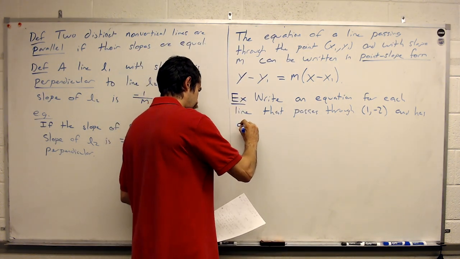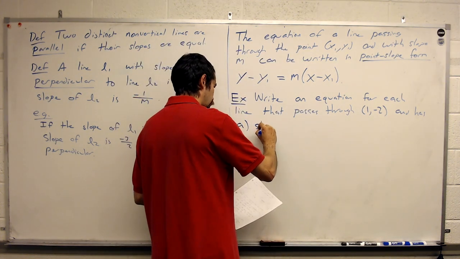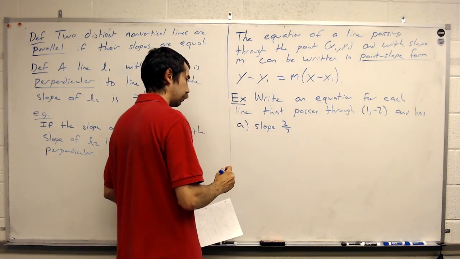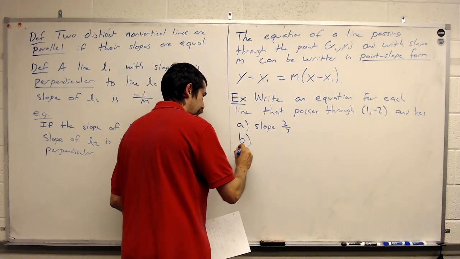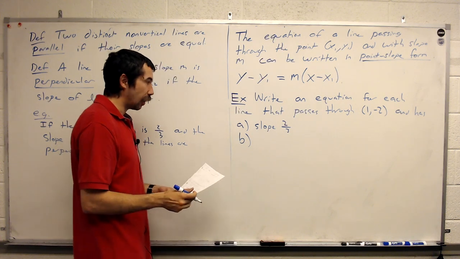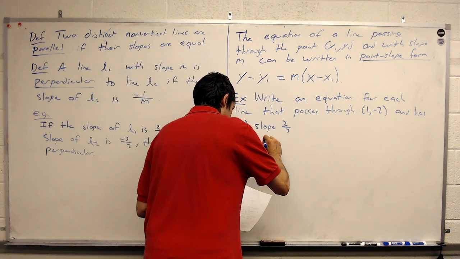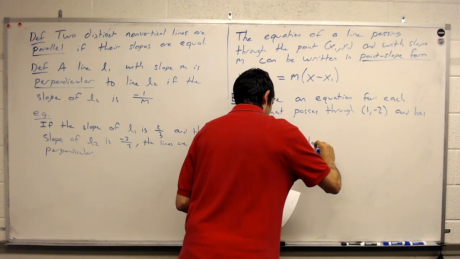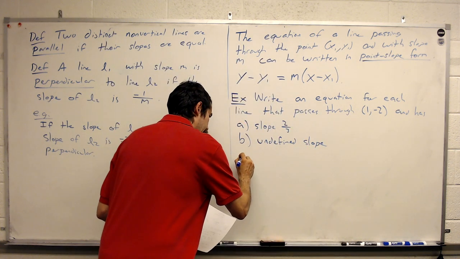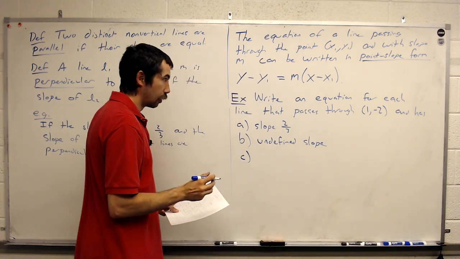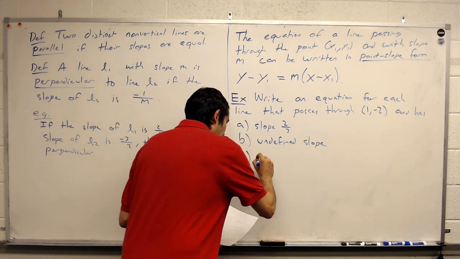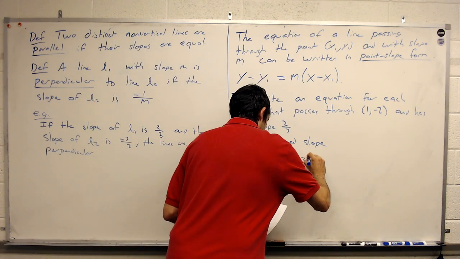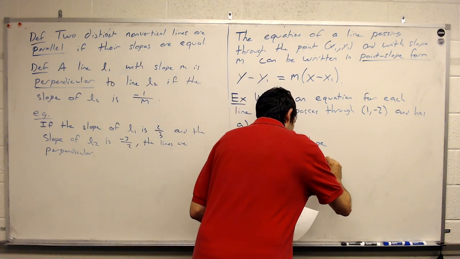So first, slope of 2/3. Second, so these are going to be different lines for each one. Undefined slope. And then finally, the point 2, 3 is also on the line.